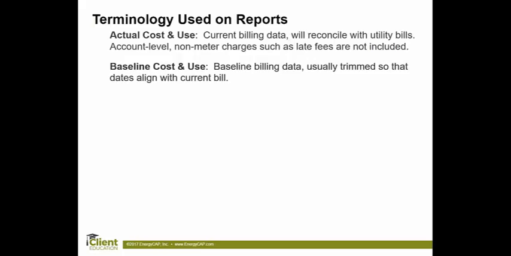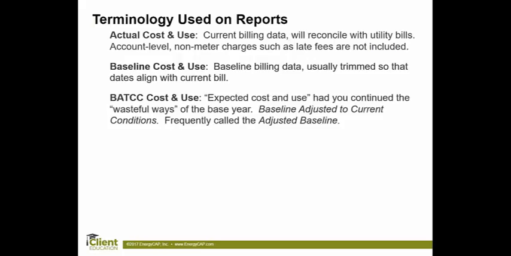Maybe the billing dates changed. So we might have had to grab some days from one bill and some days from another bill. So just be aware of that. They don't necessarily align 100%. Over the course of a year, they would add up 100% accurate.